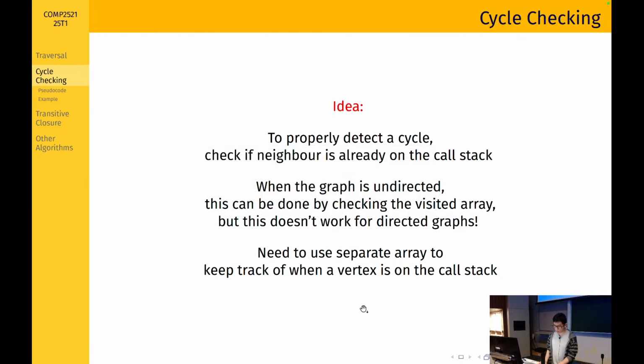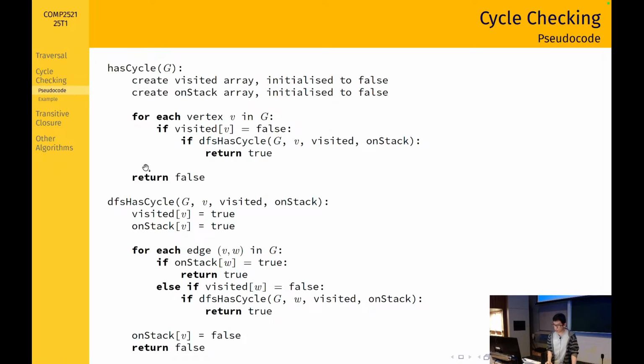Okay, so here is the pseudocode for that. In our main hasCycle function, we're going to create 2 arrays, one for the visited array and one for checking whether a vertex is on the stack or not. And we pass them both into our recursive helper function.